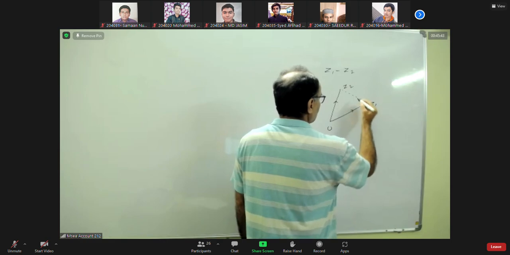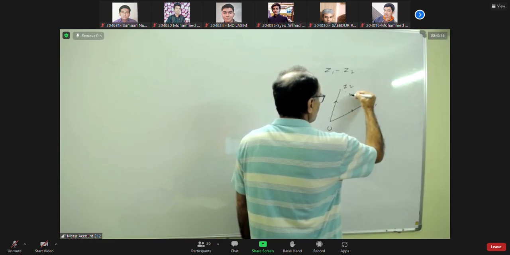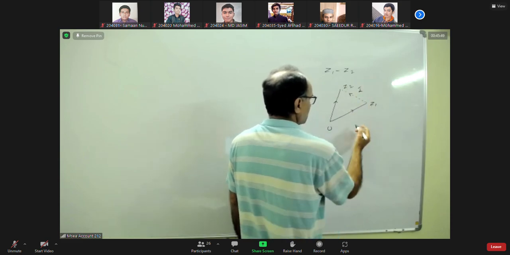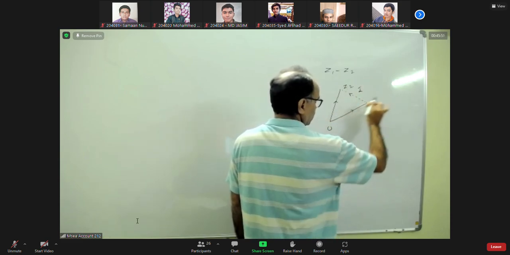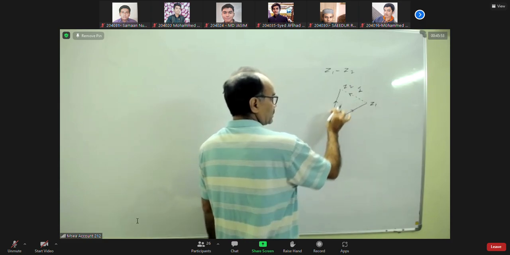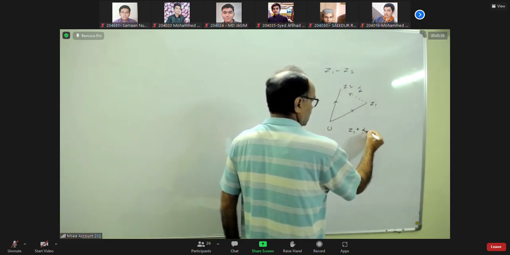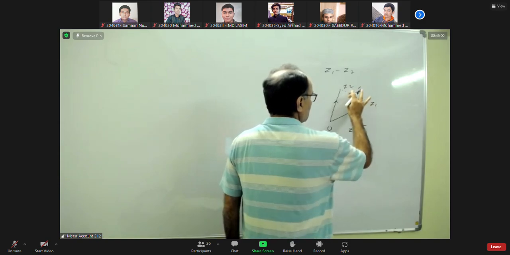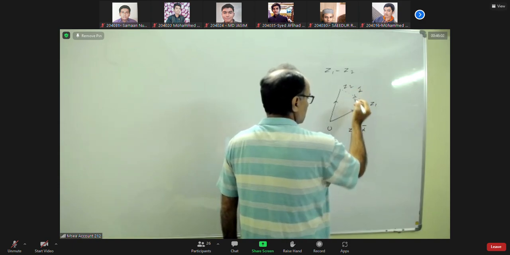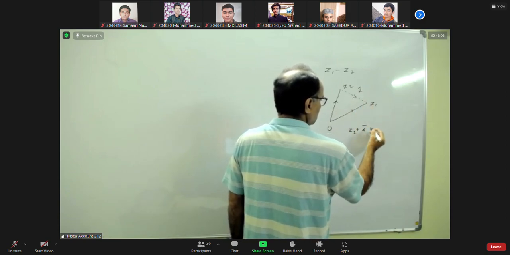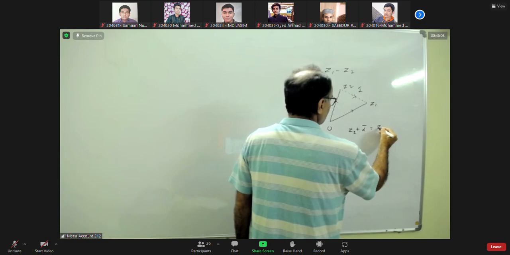For Z1, this one is vector alpha. This vector is Z1, a position vector. This is Z2. So Z2 plus alpha vector equals Z1.